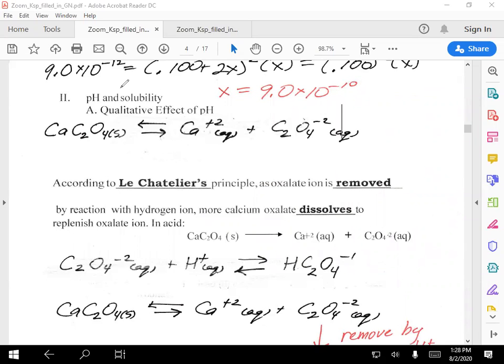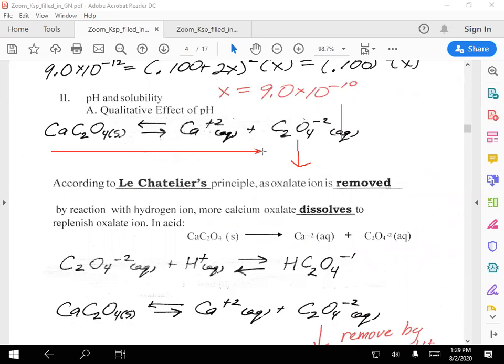We're going to look at how pH can affect solubility. So let's look at calcium oxalate in equilibrium with calcium ion and oxalate ion. According to Le Chatelier's principle, as the oxalate ion is removed, if we reacted it with H+, then we would shift the equilibrium this way.